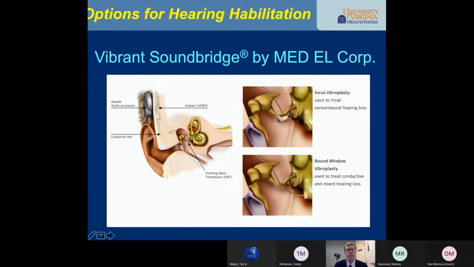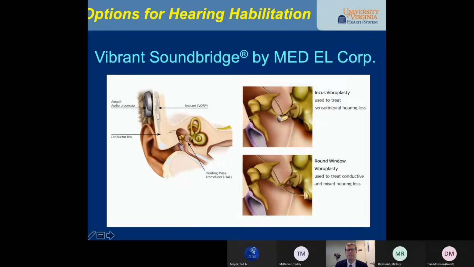But there's a microphone and transmitter worn on the outside that then sends the sound energy or the electromagnetic energy through the induction coil to the receiver stimulator that then stimulates the floating mass transducer. And so that then vibrates the ossicles. You still have to expose the ossicular chain. You have to free the ossicular chain, and you have to attach or clip the FMT onto the ossicular chain.